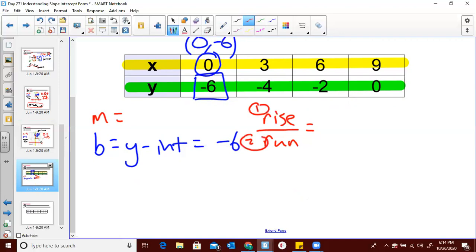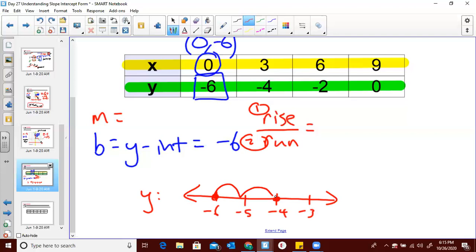All right, so let's look at this on a number line. This is your y value. So I have a -6, -5, -4, just for fun, a -3. Well, I'm starting here, but I want to get to -4. So I'm going 1, 2. So my rise is going to be 2, but I know I'm going to the right, so that's going to make it positive, right? Because we're looking at a number line.